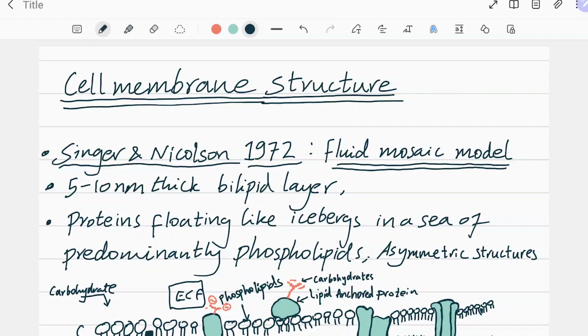Fluid mosaic model. Mosaic refers to, if you remember, those tiles in Morocco or in the Middle East where they make different color clay tiles and break them into little pieces. They get these individual little building blocks of different shapes.